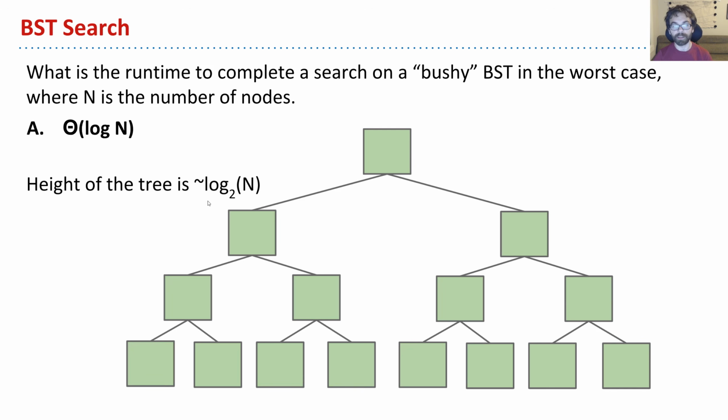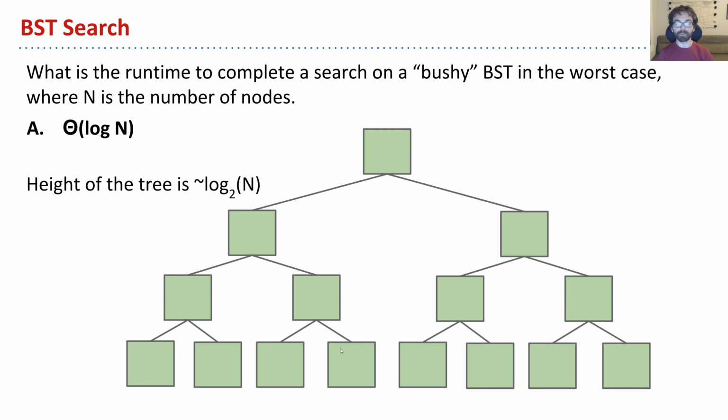So one way you could think about it is that the height of one of these trees is going to be around log base 2 of n. It won't be exact. This is only true for powers of 2 minus 1, that is. The height of the tree, though, will be around log base 2 of n. So here, the height is 3.